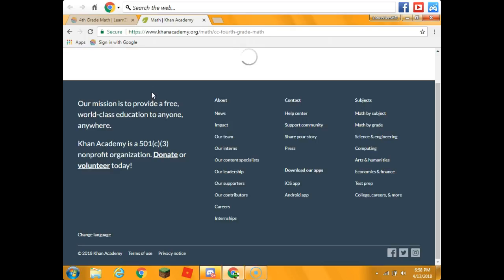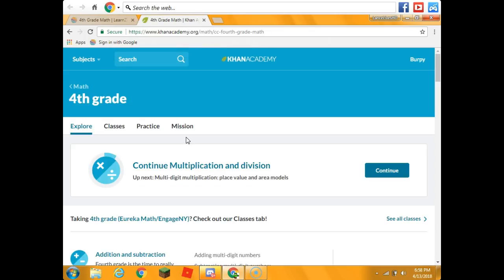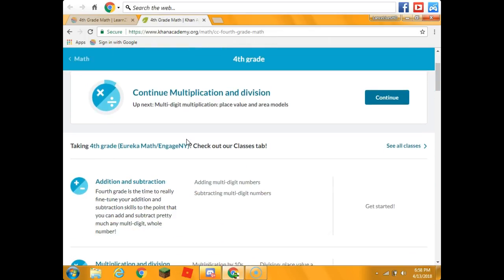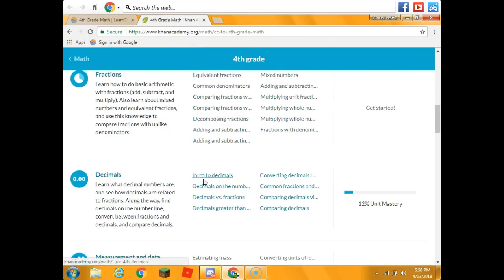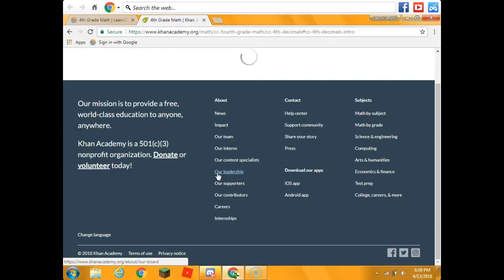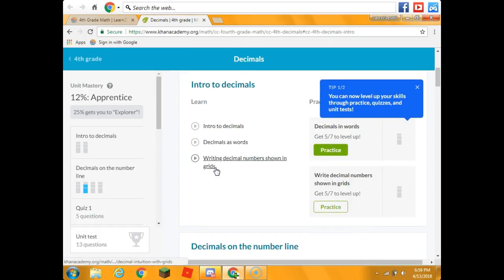So let's go into 4th grade. I've been doing this, but let's do the decimals, which is the 4th grade instead of the, I have trouble saying that word.